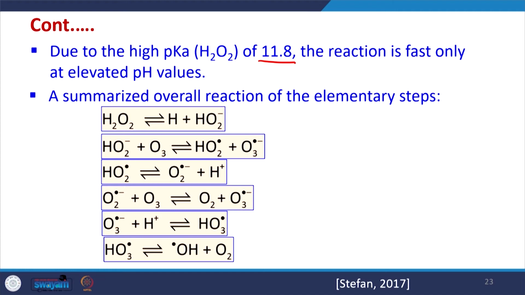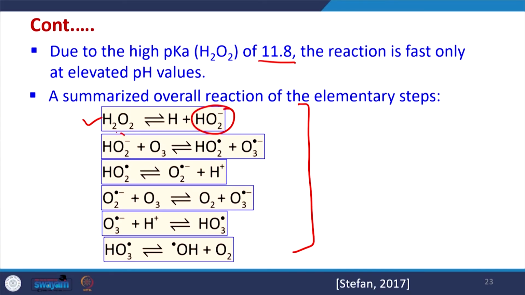A summarized overall reaction of the various elementary steps during the ozone reaction with H2O2 is given here. Hydrogen peroxide may form this anion. This anion further reacts with ozone to form a peroxy radical. This peroxy radical may give another oxygen radical.